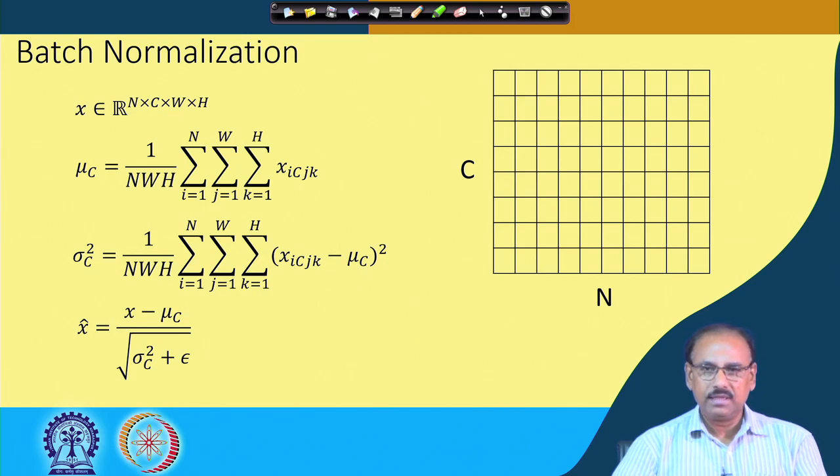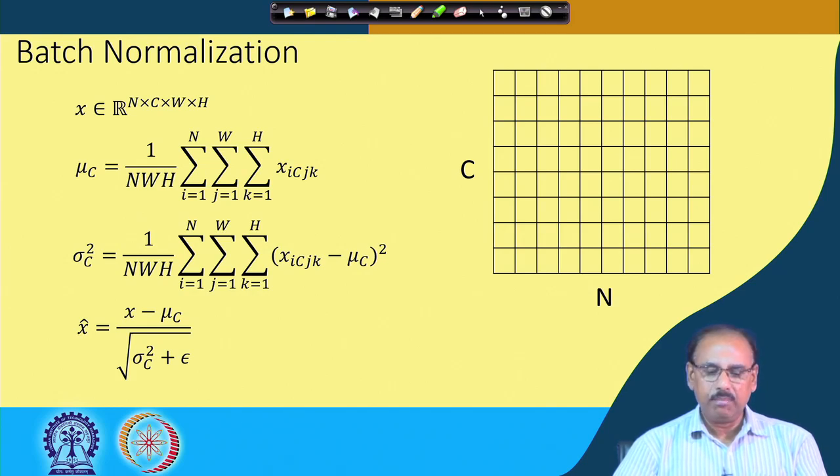So mu_c, that is the mean of a given channel, is given by the sum of x_{i,c,j,k}, where j and k represent the row and column index within a given channel c, and i is the index of the number of training examples that you have.